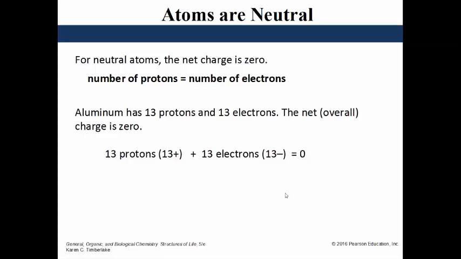They cancel each other out. Some atoms are neutral, and some are more reactive and want to lose or gain electrons. When that happens, their charges will change, and we will talk about that in a future chapter. In the example given here, aluminum, its atomic number is 13. That means it has 13 protons, which are positive, and 13 electrons, which are negative. They cancel each other out, a net charge of 0.